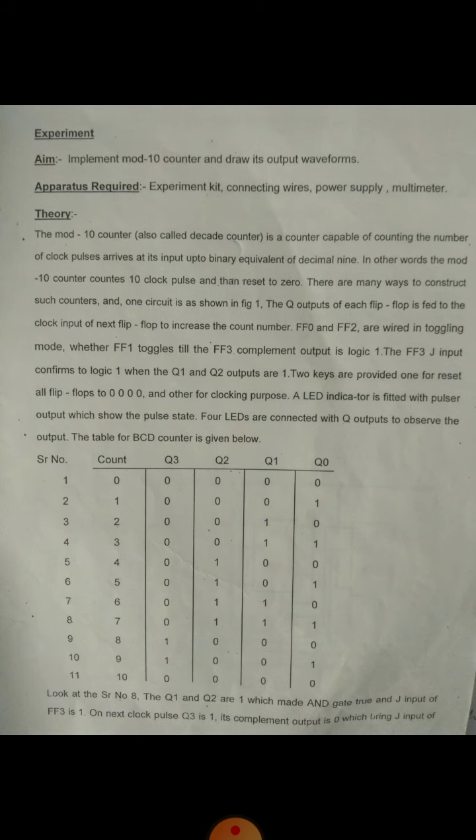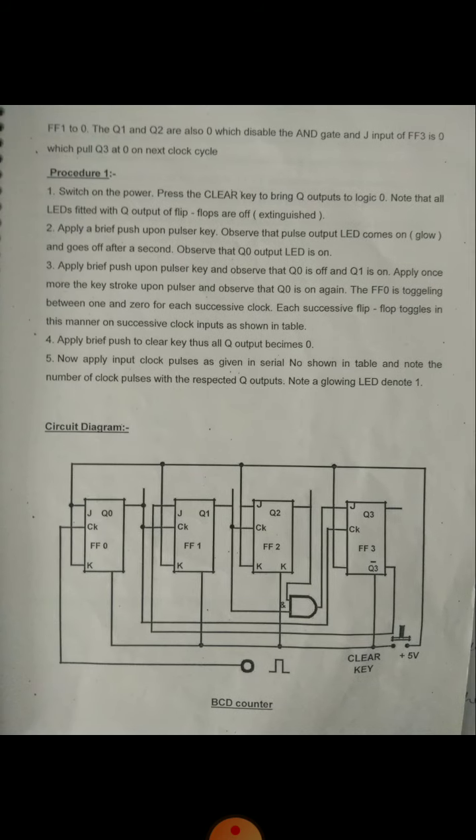So your serial number 9, your count number 8 and 9, these are made possible by this AND gate operation, which we have purposely introduced between FF2 and FF3.